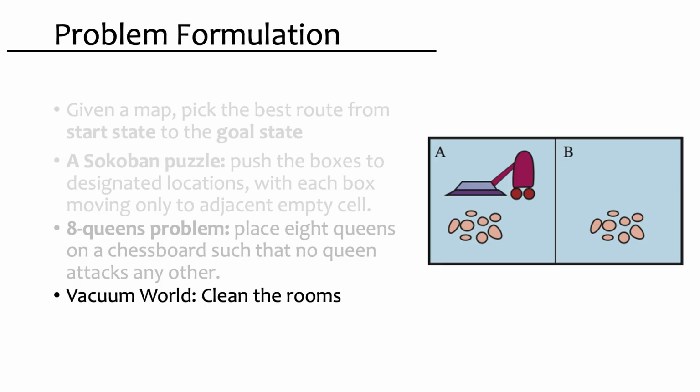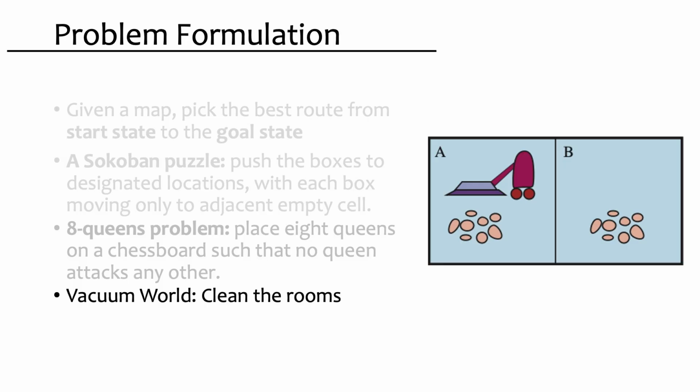From a given state, e.g., vacuum in Room A, dirt in both, the agent might choose to clean Room A, leading to a new state where Room A is clean. Then it might move to Room B, creating another new state. The goal is to reach a state where both rooms are clean. We're looking for the most efficient sequence of actions to go from the initial dirty state to the final clean state. While the agent could inefficiently cycle between states, our aim is to find the optimal path.